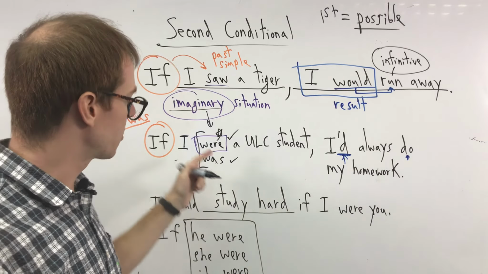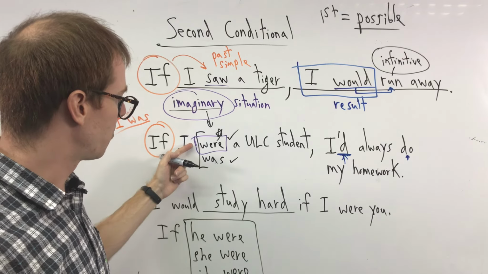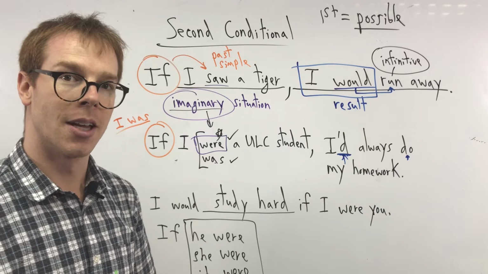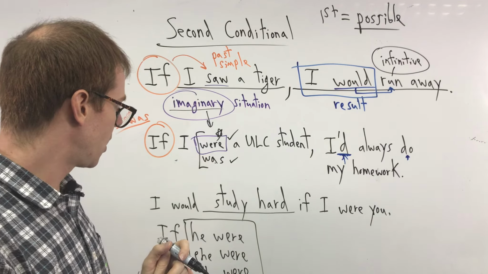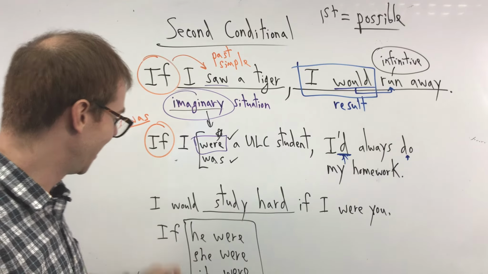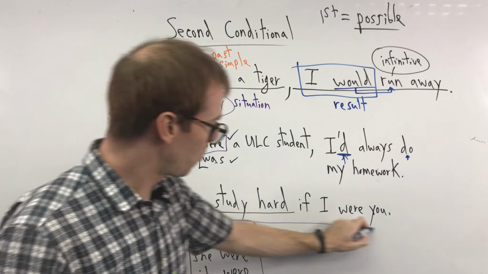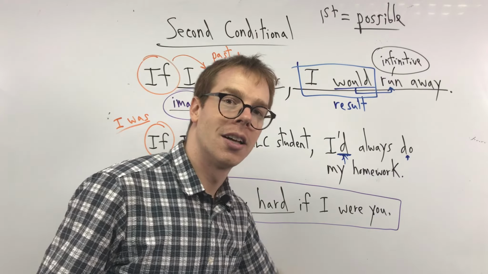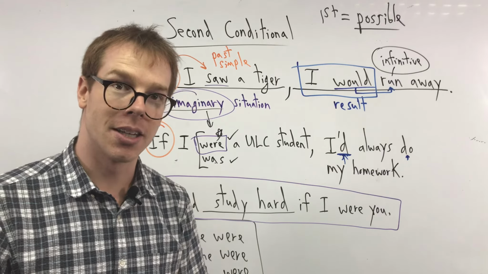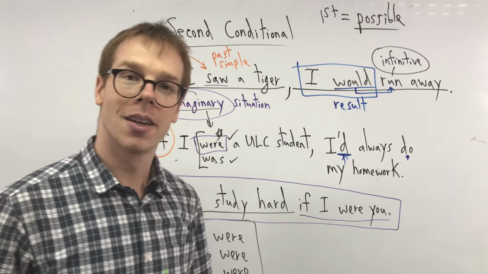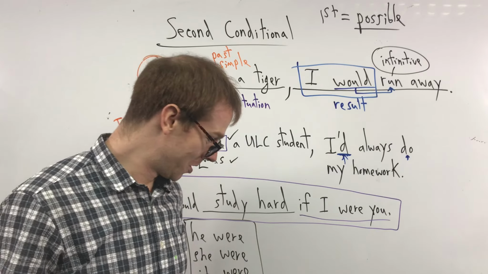It's actually more common for people where I grew up to use this pattern. All right, and I think I have just one last example here. I would study hard if I were you. This is another very common phrase you'll hear in English. If I were you.